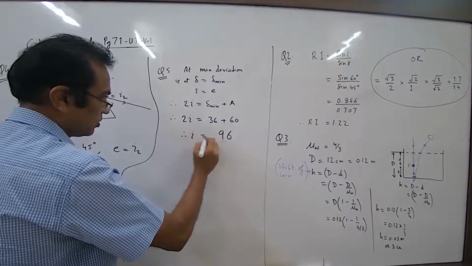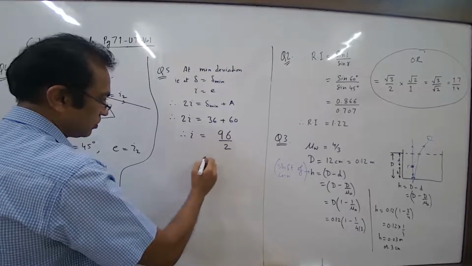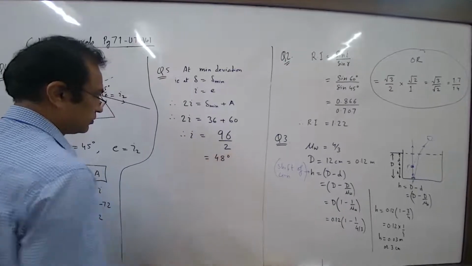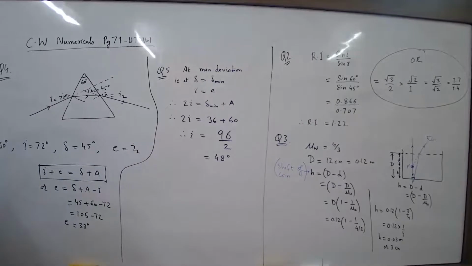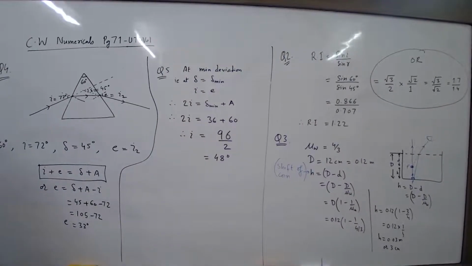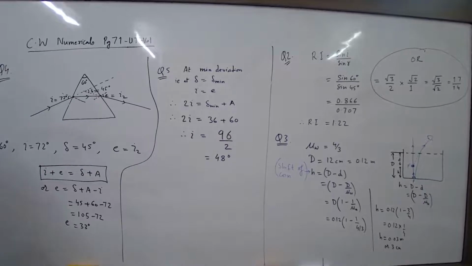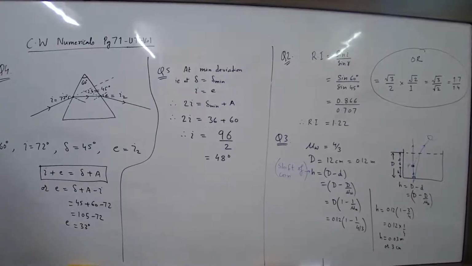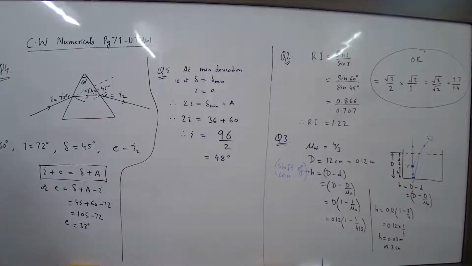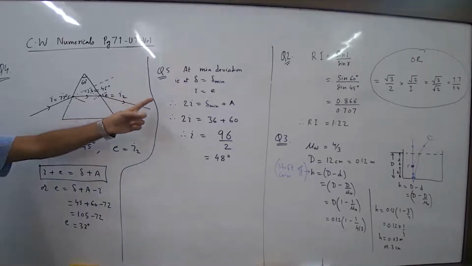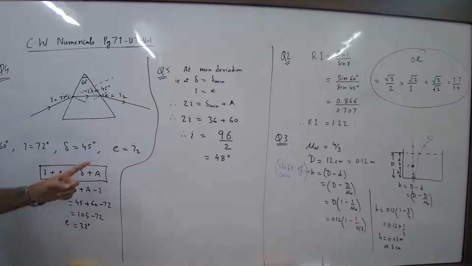Therefore, I is equal to 2 4s are 48. So this is 48. Right? Everybody got it? These two questions are related because it says at minimum deviation. So the same formula gets modified like this.